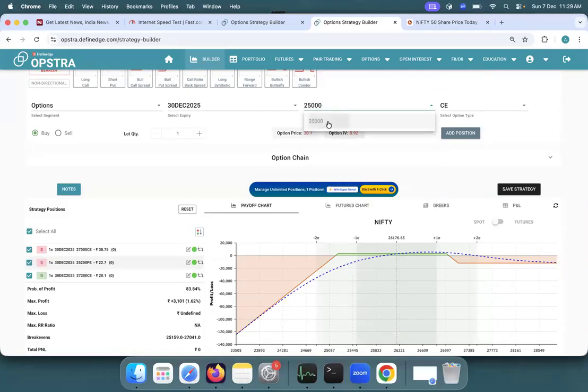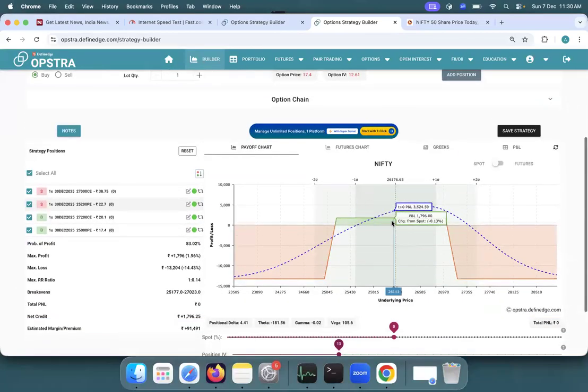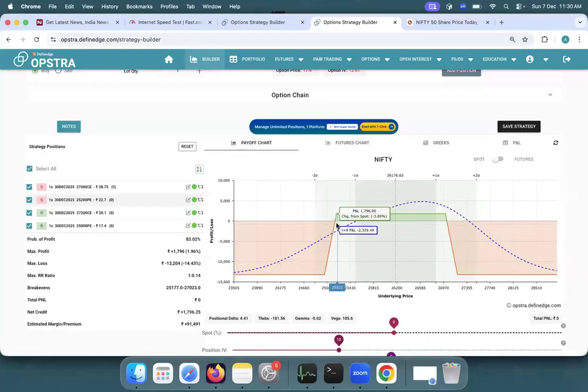You will understand once this graph comes. Ignore this blue line, must be some anomaly. But see this. I have a 2,000 point range, almost 25,000 to 27,000, in which if the market expires, I'll make 1,700, 1,800 rupees. But if the market expires beyond these break even points, I will make a loss of 13,000. So this is now a risk defined strategy.